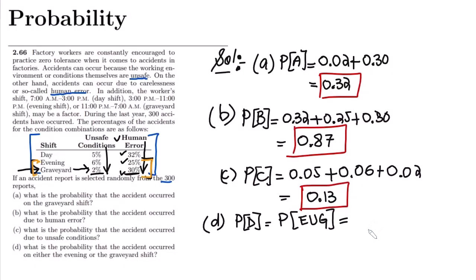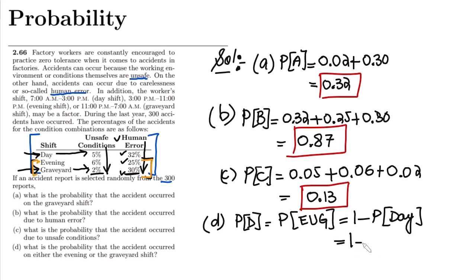Or we can also find it from all of these conditions by 1 minus the probability that the accident will occur in the day shift. So what is the probability of the accident in the day? In the day, it can be either due to unsafe condition or due to human error.